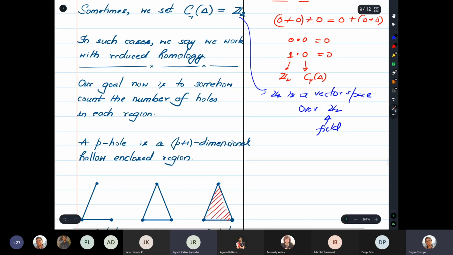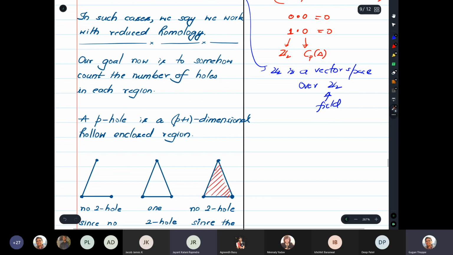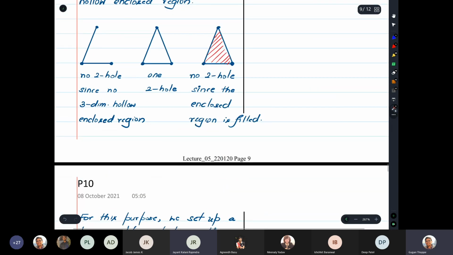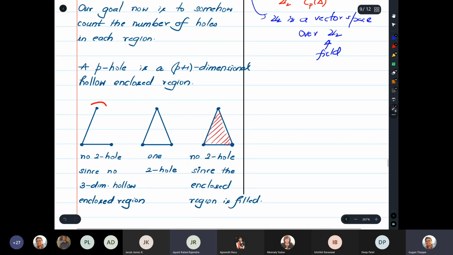But nevertheless, let me give a quick couple of lines of motivation for what we'll be doing in the next class. As I introduced at the beginning of this class, here are 3 examples of simplicial complexes. Here there is no two hole. When I say no, I should actually write one hole.